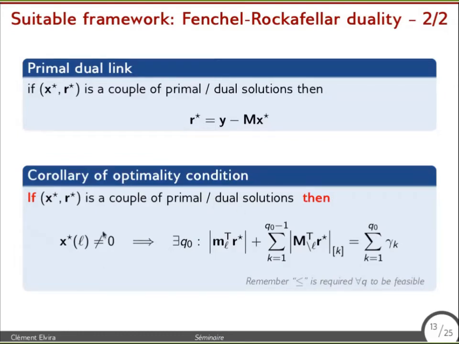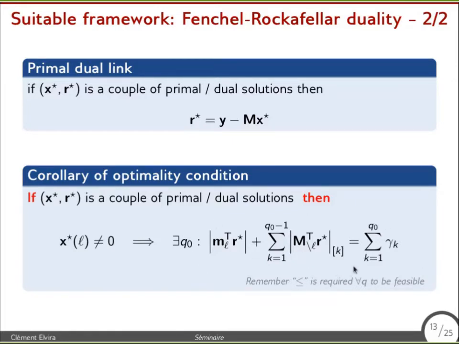sufficient condition. If a couple X star and R star is a solution of the primal and dual problem, then if the l-th entry of X star is non-zero, necessarily some kind of equality is satisfied.